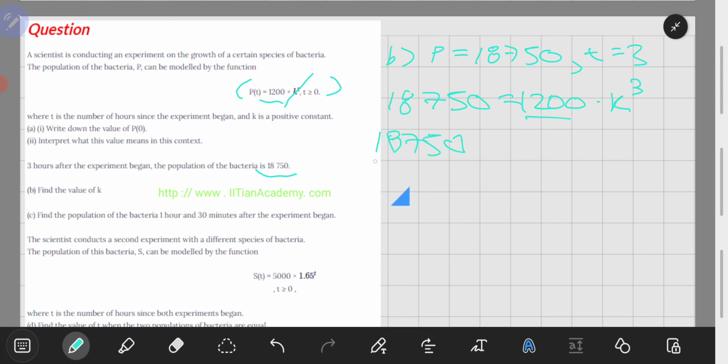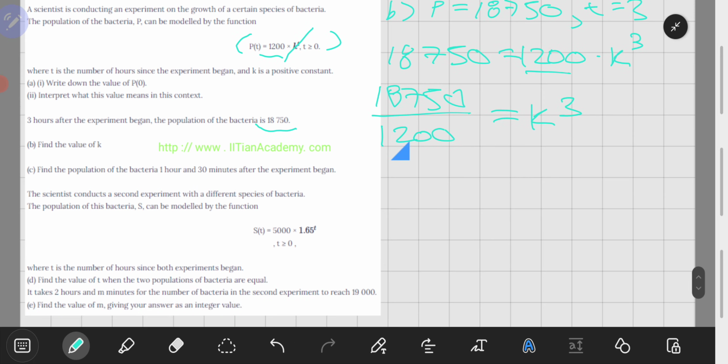Then we'll first divide both sides by 1200. It's equal to K to the power of 3. Take the log of both sides so we can bring that power down. Log of 18,750 over 1200.